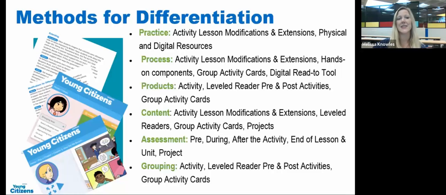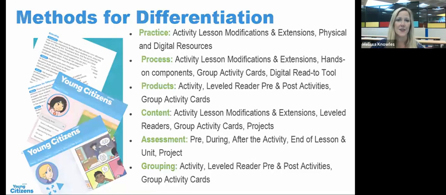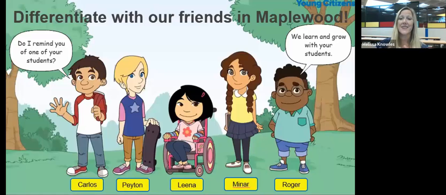So let's get going on our journey. I wanted to start with the people from Maplewood. So these friends are in Maplewood. They're going to be traveling through, right now, Young Citizens is K through 5.